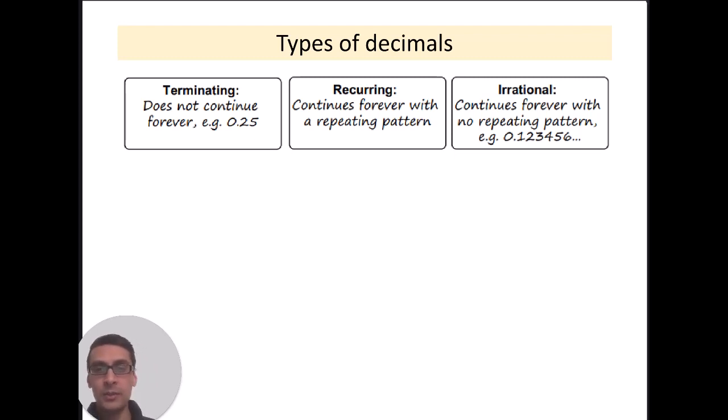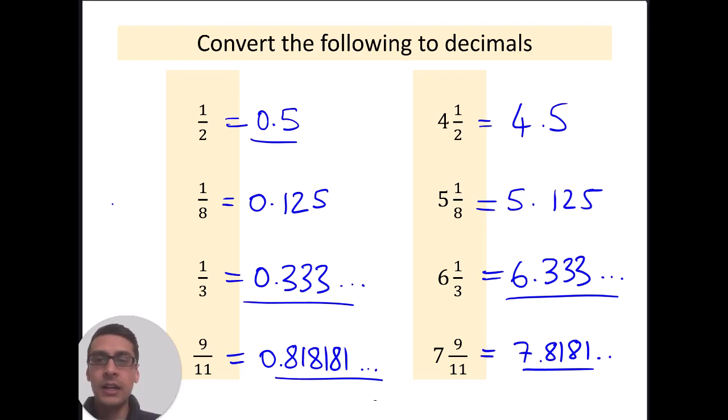So if you go back to the previous slide, 0.5 is called a terminating decimal because it stops after the 5. The 4.5 is also terminating because there are no numbers after that. It's just 4.5. There's no further digits. 1/8 is also terminating because it stops after the 5 here, and the same with 5 1/8.